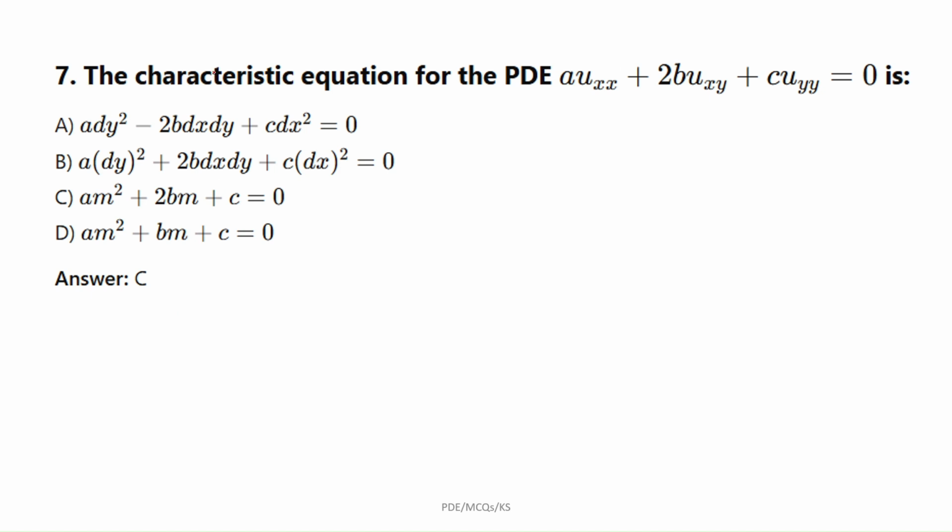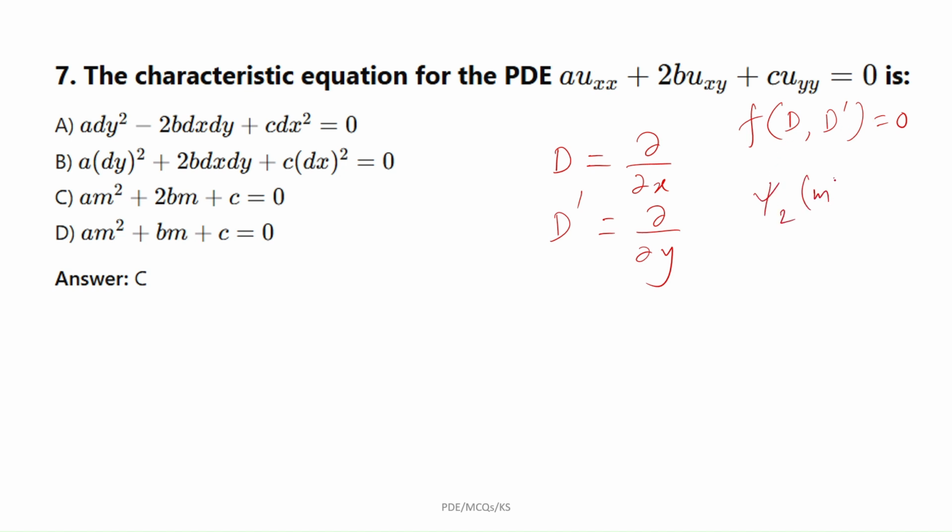Question number 7. The characteristic equation for the PDE auxx plus 2buxy plus cuyy equals 0. Considering D equals del del x, D prime equals del del y, this equation becomes f of D, D prime equals 0, which gives a second degree equation in m.